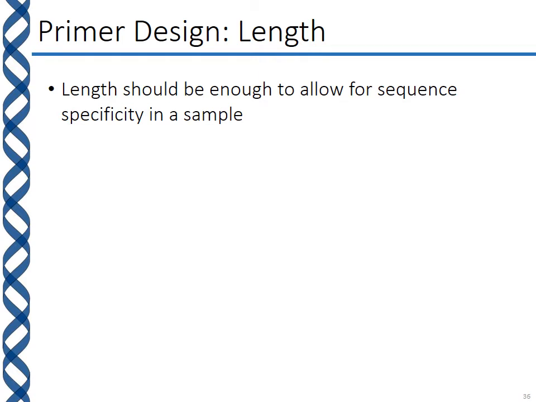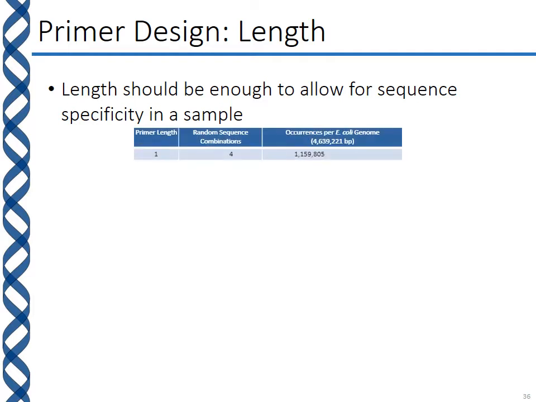Okay, so those combinations are interesting, but what relevance does that have for primer design, and in particular, what are the implications for sequence specificity? Well, let's start off by looking at the first example that we had on the previous slide, which was a primer length of 1 nucleotide.